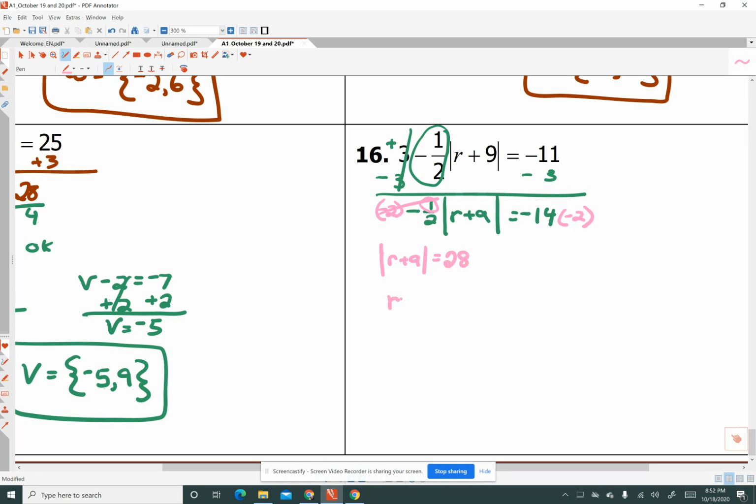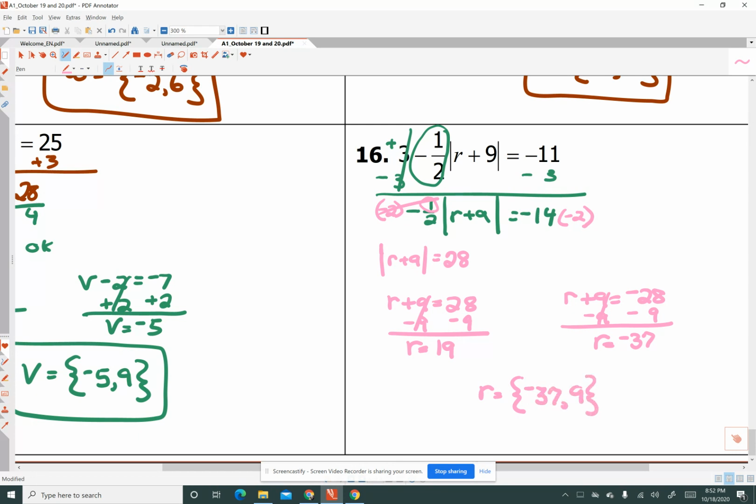So let's set r plus 9 equal to 28, and we'll set r plus 9 equal to negative 28. Let's subtract 9 from both sides of the left-hand equation, and r equals 19. And let's subtract 9 from both sides of the right-hand equation, and r equals negative 37. So r equals the set of numbers negative 37, 19, and that's a final answer.